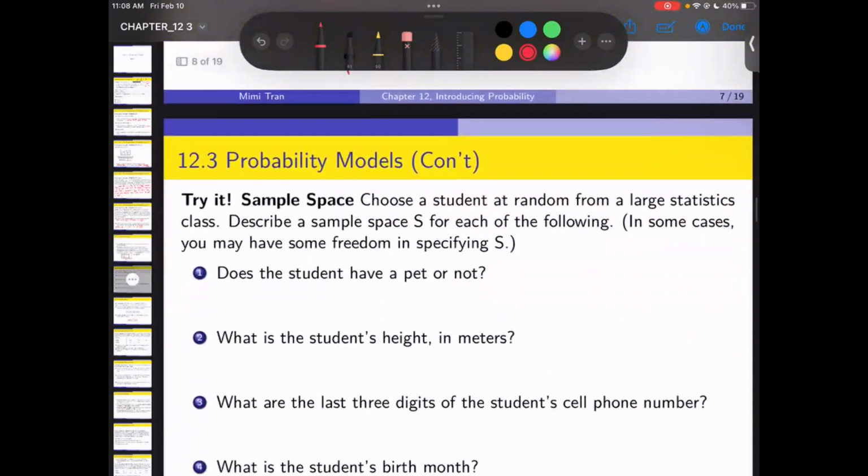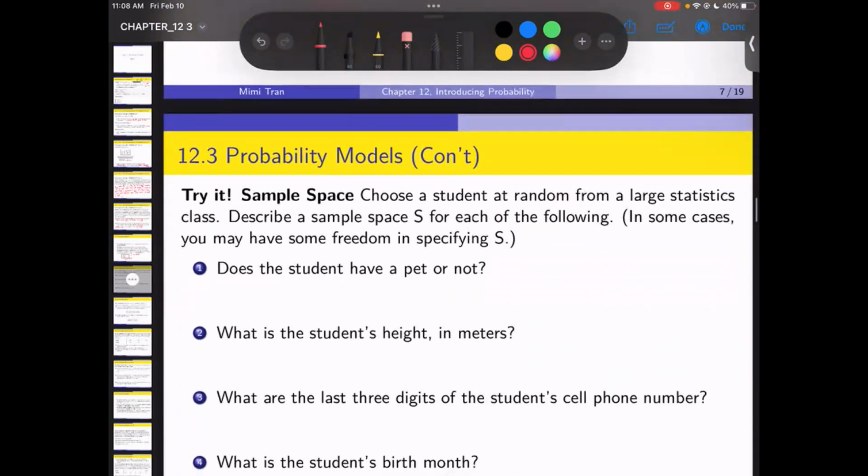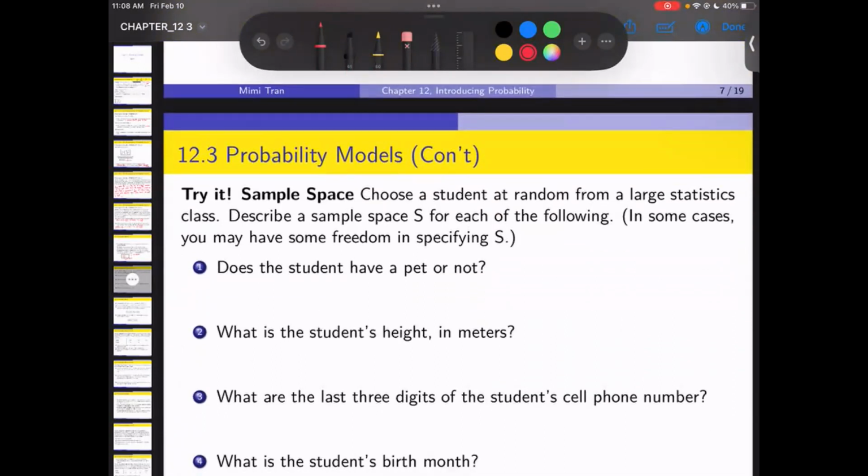All right, let's take a look at some examples about sample space. Choose a student at random from a large statistics class. Describe a sample space for each of the following. Does the student have a pet or not? So the sample space, denoted capital S equals, because you're listing out possible outcomes as elements, I allow you to use curly brackets. What are my possible outcomes here?